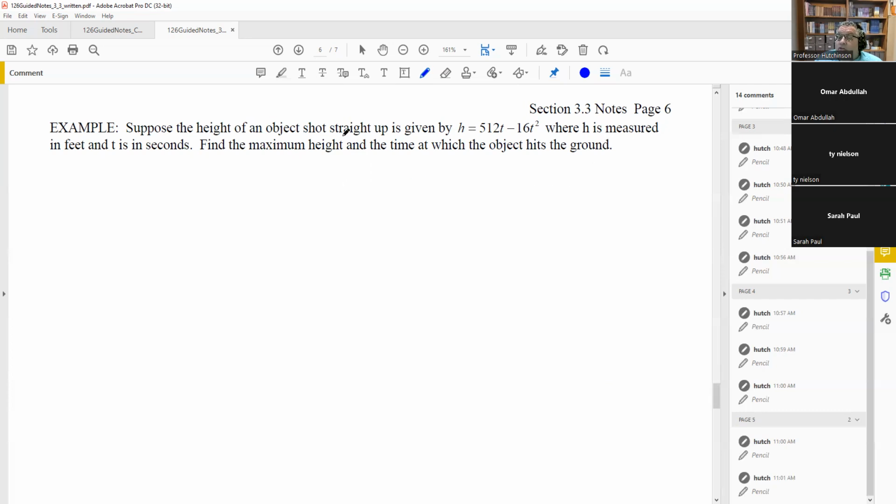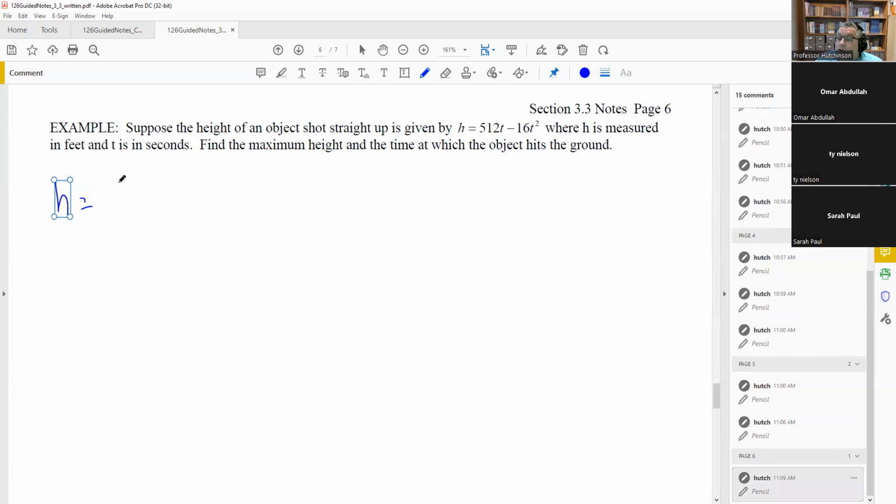All right, so if I want to find the maximum height, that's that keyword. Maximum height means I want to find the vertex. So first what I want to do is rearrange this and write it with highest to lowest power. So I'll start with that. Okay, so I have this. That way I can get the a and the b correct here.